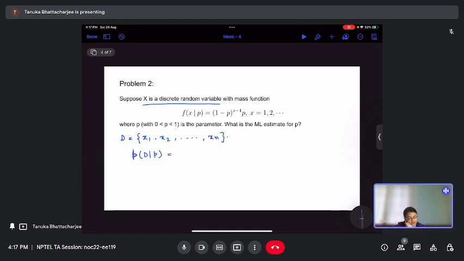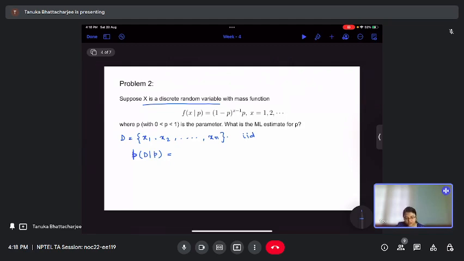Now here we assume one more thing, that this data set x1 to xn are independent samples and identically distributed. So these are basically IID samples. So if you take any particular xi, the probability of that particular xi will be 1 minus p to the power xi minus 1 into p.